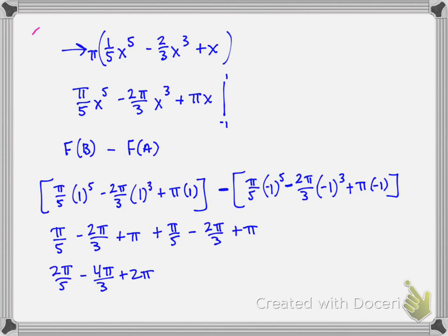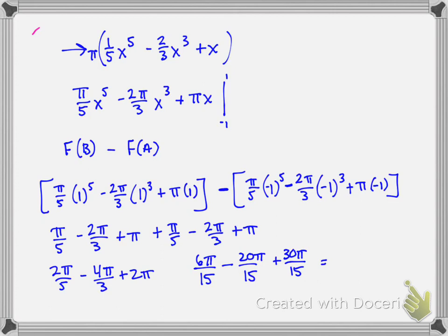Okay, so all I have left to do now is a little bit of math here. If I find a common denominator, it's going to be 15. So 2 pi over 5 becomes 6 pi over 15, minus 5 times 4 is 20 pi, and then 2 pi is going to become 30 pi.